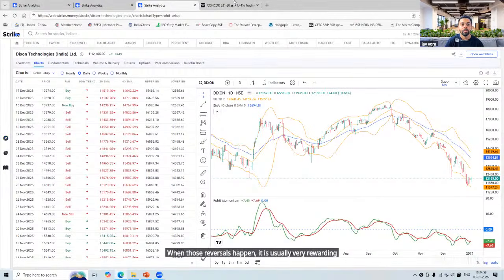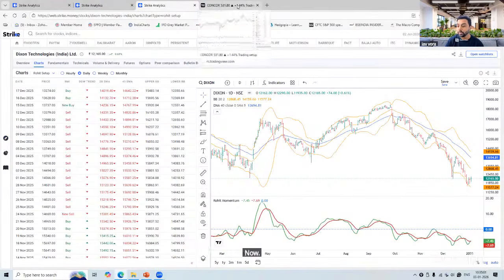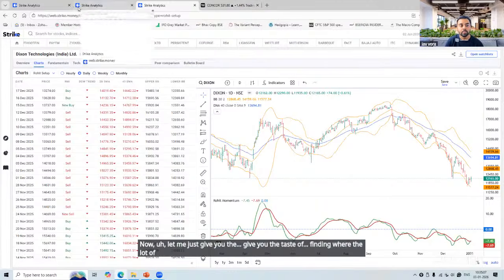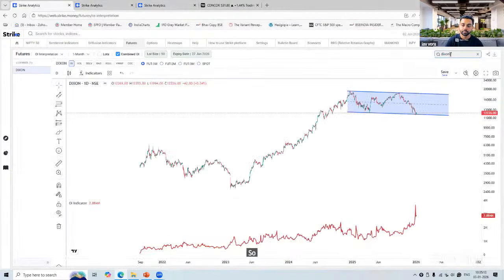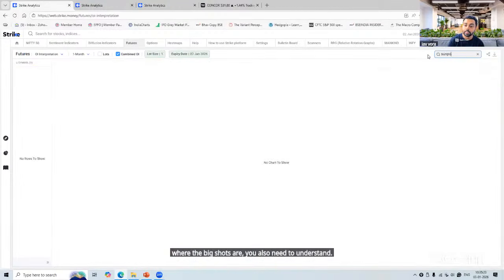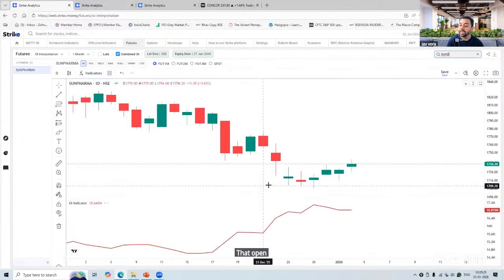Okay, now let me just give you a taste of finding where a lot of short positions are. Because that's when, as I told you, you end up making good money, right? And also, while you're trying to spot where the big shorts are, you also need to understand that open interest can go to any levels.